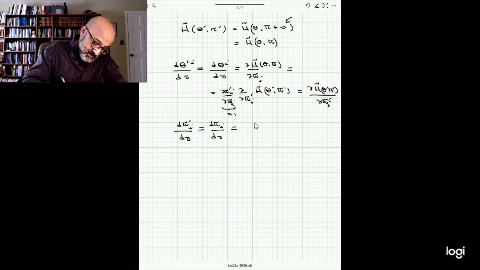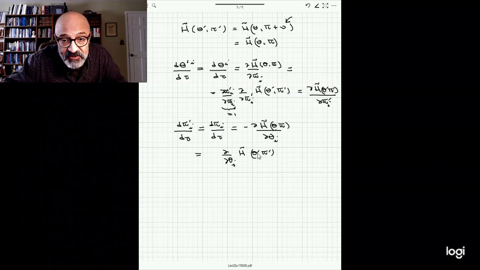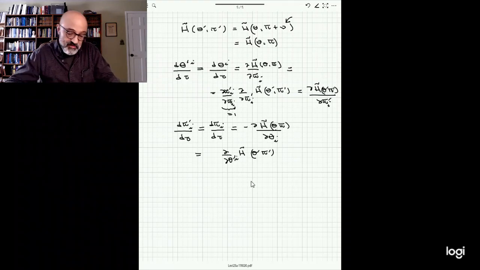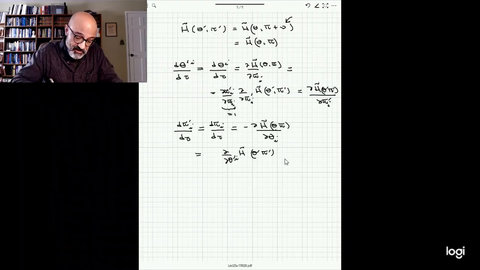And this is minus the derivative of h of theta prime, pi prime with respect to theta I, but we want to do the derivative with respect to theta prime. Theta I and theta prime I are the same, so we just put the primes there and we are done. So that concludes the proof.